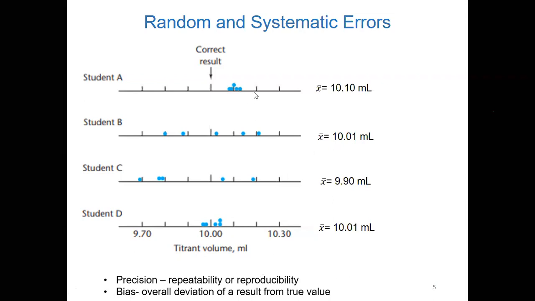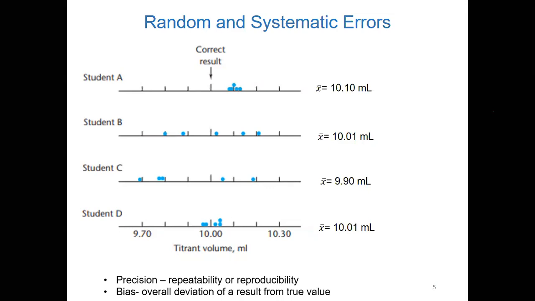Here, when we talk about random and systematic error, we have to talk about precision and bias as we discussed in the previous slide. Precision means repeatability or reproducibility. These are 2 different terms; both are not the same. We will discuss later the difference between repeatability and reproducibility.